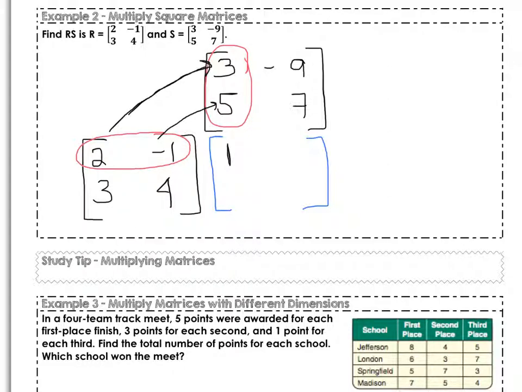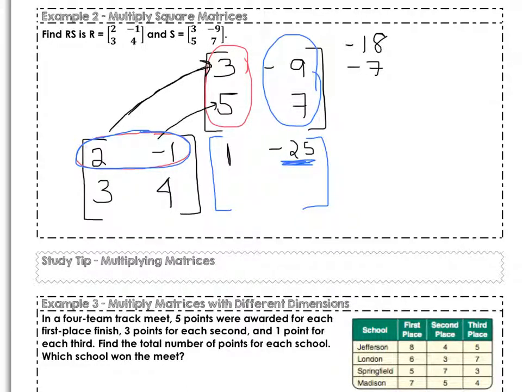Now, I'm going to do the same thing. Row 1 multiplied by column 2. That's going to get me the answer for my row 1, column 2 spot. So 2 times negative 9 gets me negative 18. Negative 1 times 7 gets me negative 7. Negative 18 plus negative 7 gets me negative 25.